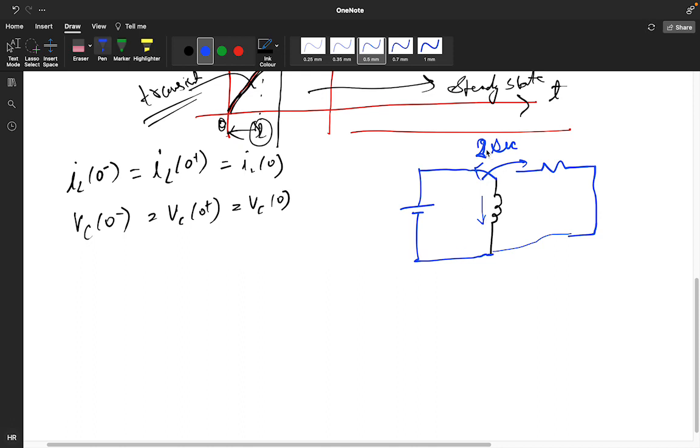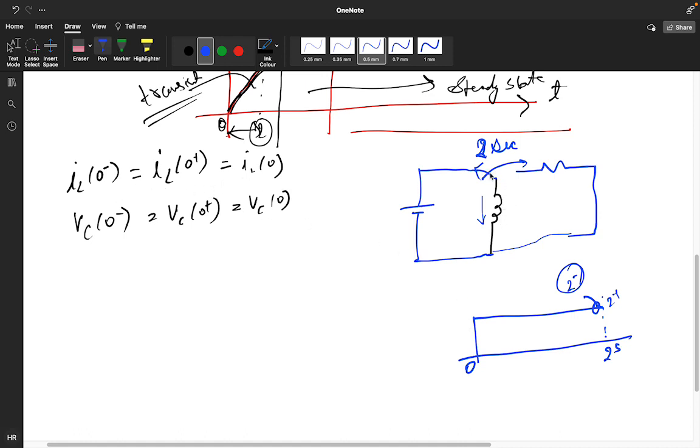This is my time axis, from 0 to 2 seconds. Just before the 2 seconds is known as 2 minus, and just after 2 seconds is 2 plus, and at 2 seconds it is simply 2. Similarly at 0 seconds we consider IL 0 minus and IL 0 plus.